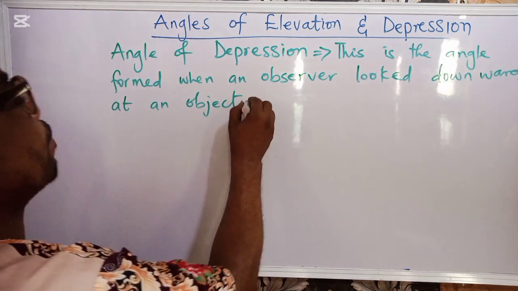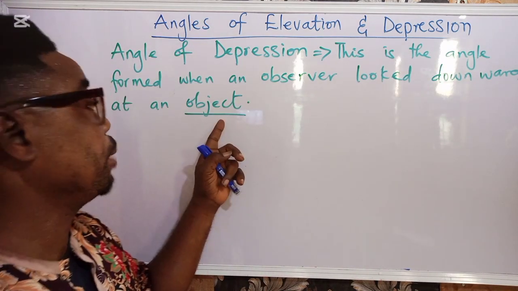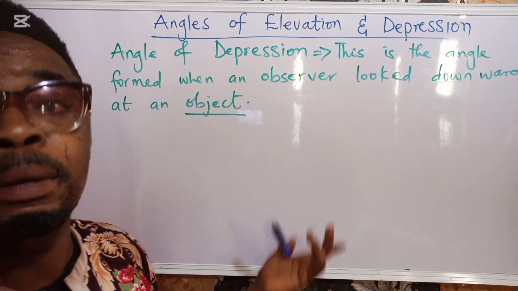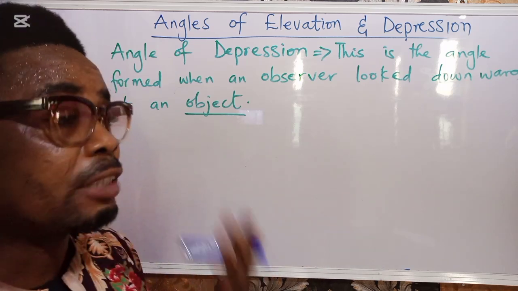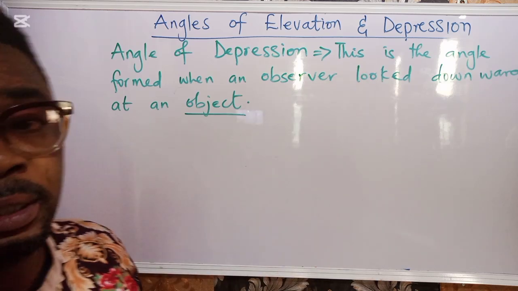Well, the object I'm referring to here may be somebody, maybe a car, maybe rats, maybe ball, maybe anything. As soon as you look at something, the something is the object, you are the subject.